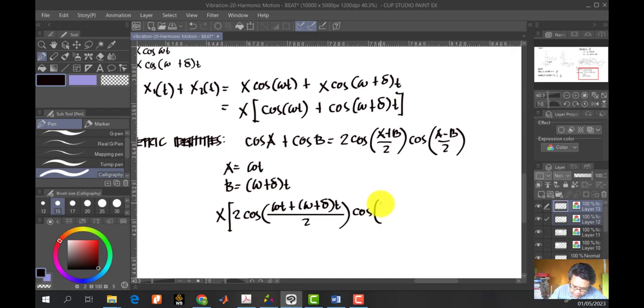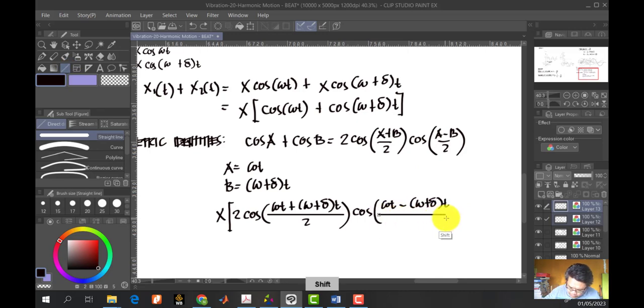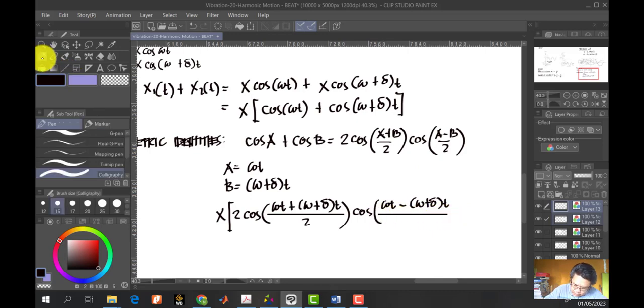So the value of A is angular velocity times time, then the value of B is angular velocity plus lambda, multiplied by time, all over 2.